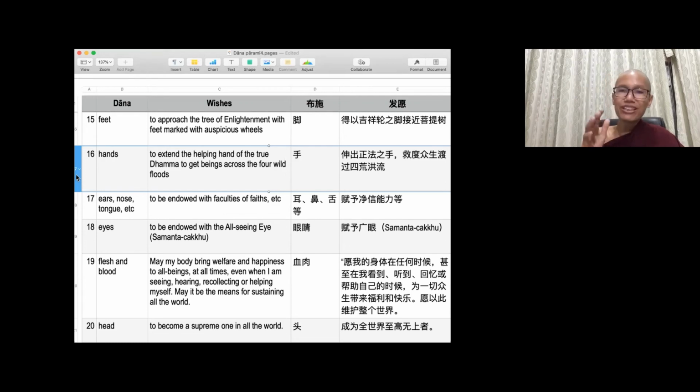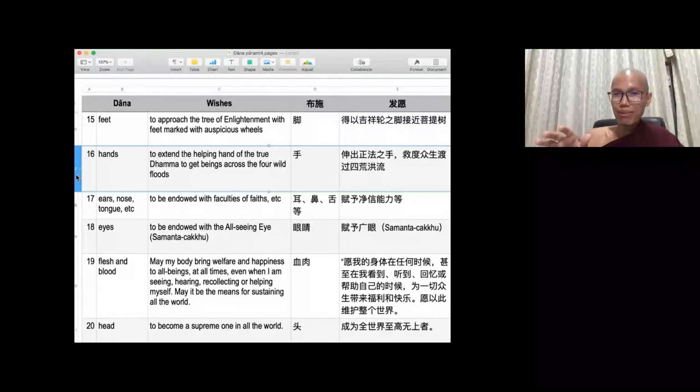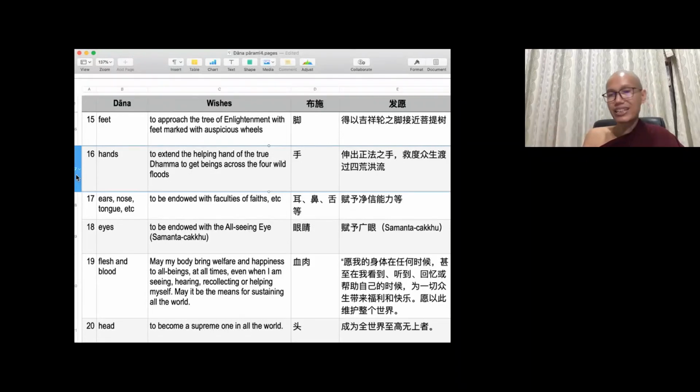Some can accept only from time to time, but not always. So it is ignorance flat, very difficult to overcome. So this is the four wind flats. By donating hands, you can help them to overcome those from the flat. Okay, next one, ear, nose, tongue, etc.